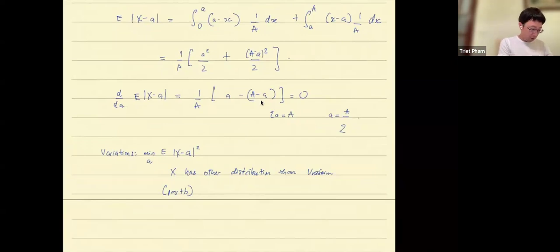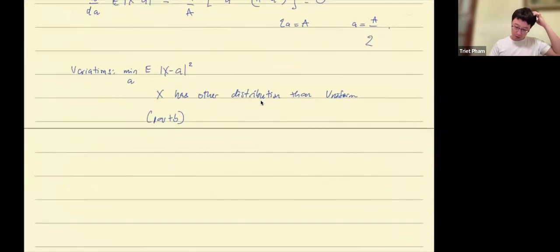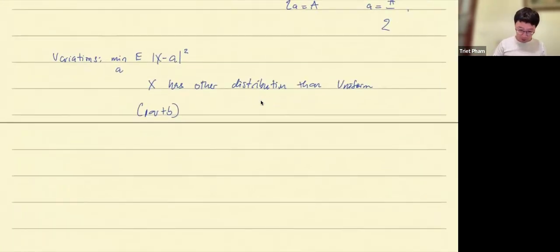Okay, so let's continue with our discussion. So far, we started to discuss the family of well-known random variables.